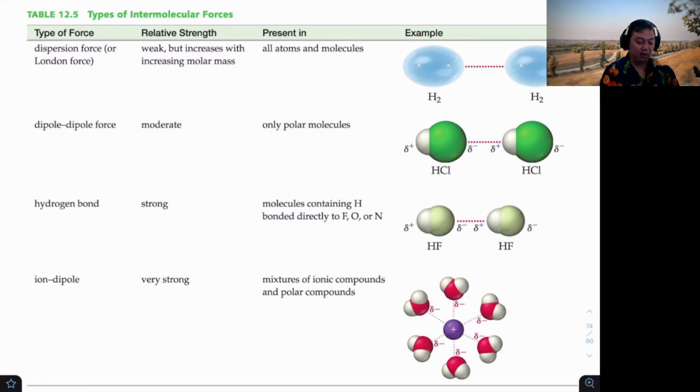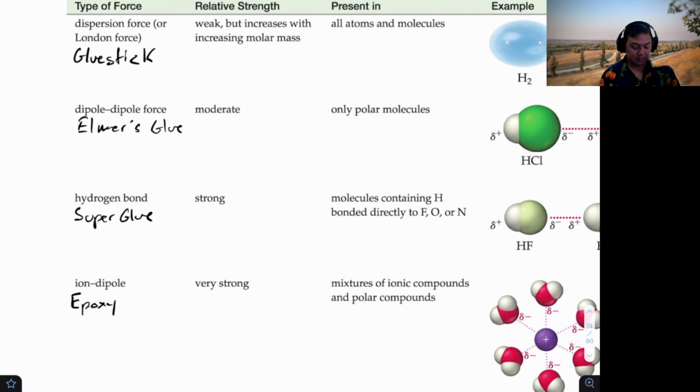And ion dipole is like epoxy or CA glue, that's what I was looking for. If those aren't super helpful analogies, I will not give you this table on the exam. You need to know which of these is stronger.